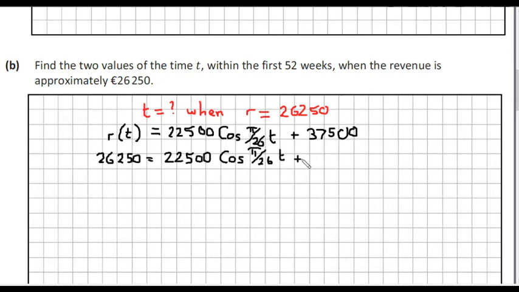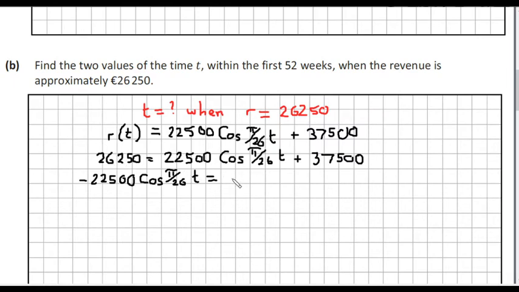So we've got three terms here in this equation. Now we want to isolate the one that has t in it, so that's the middle one here. So what we can do here is we could bring this over here and this over here. So if I bring this over here, it's going to become then minus 22,500 cos of pi over 26t is going to equal then 37,500 minus 26,250.